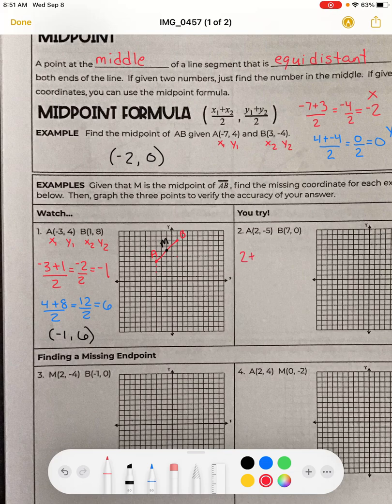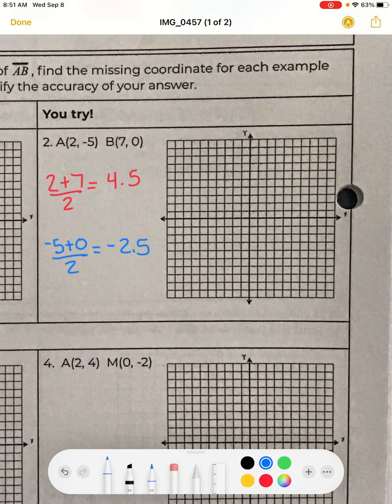So I'm going to do my x's together first. 9 divided by 2 comes out to 4.5. I'm going to do my y's together here. That comes out to -2.5. This one's a little bit trickier on the graphing end of things just because we have some decimals.